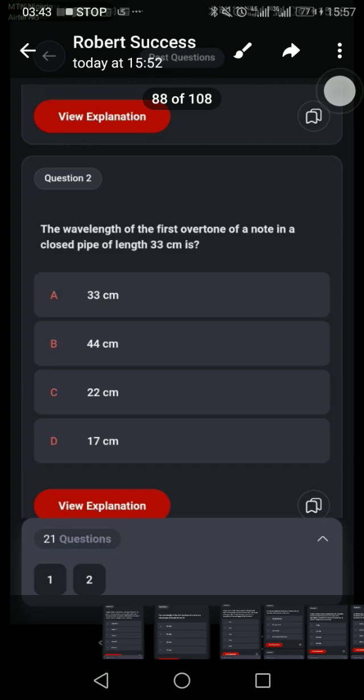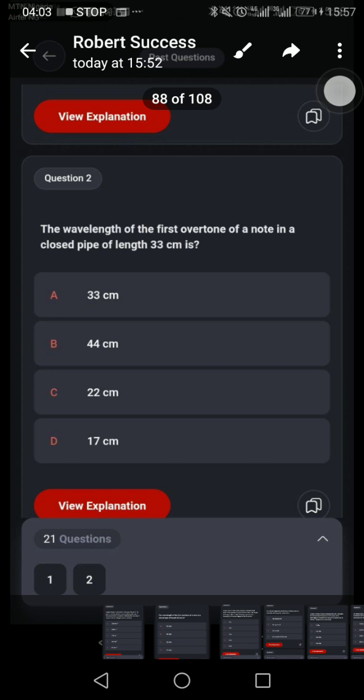Do you understand? If you've gone through the class on Telegram that I've taught completely, and you followed how I derived the formulas for frequency in the first overtone, frequency in the second overtone, and so on, I first started with getting a formula for wavelength.